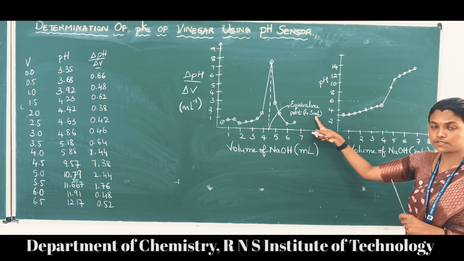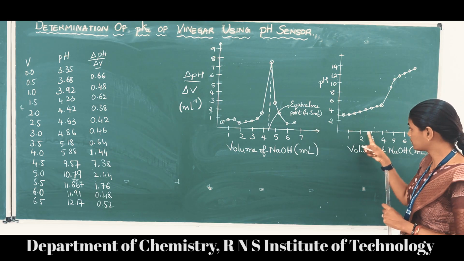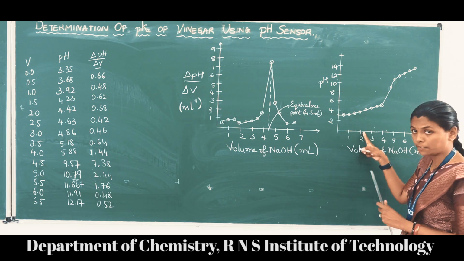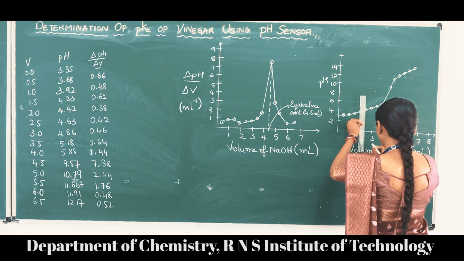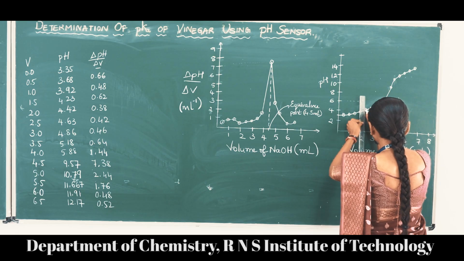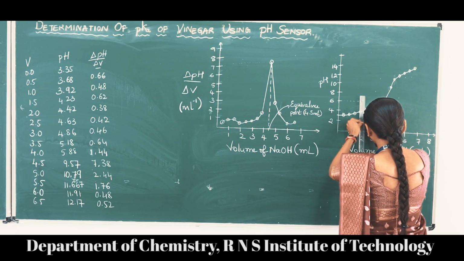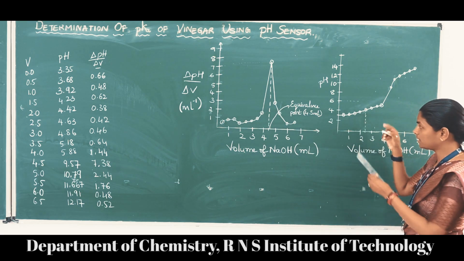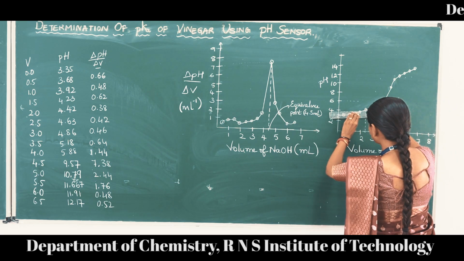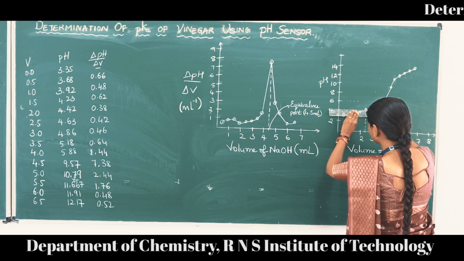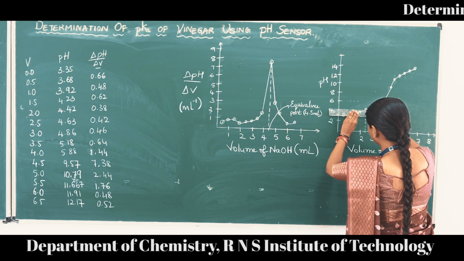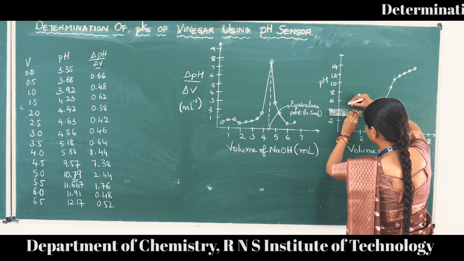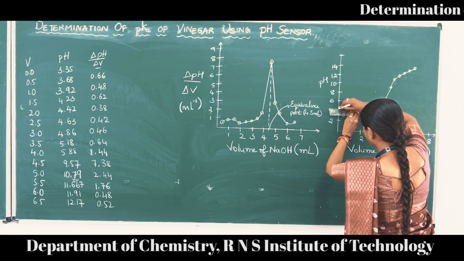Half of it is 2.25, which is going to come somewhere around over here. Let's take an extrapolation till it reaches the curve, like this. And as soon as it reaches the curve, take the extrapolation towards the y-axis, like this.